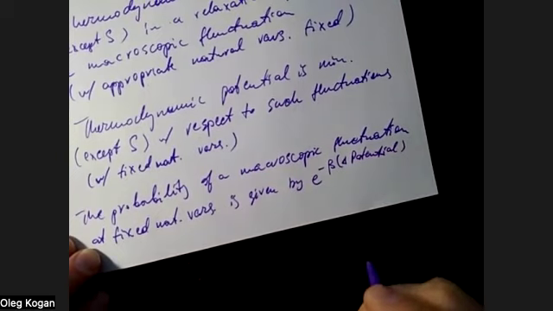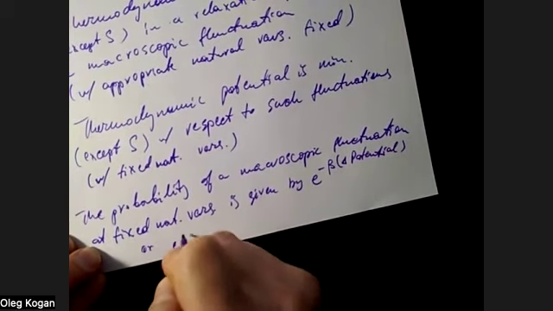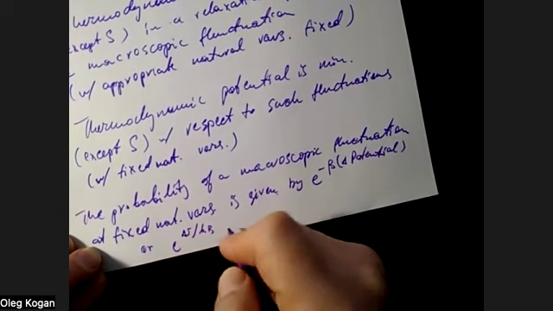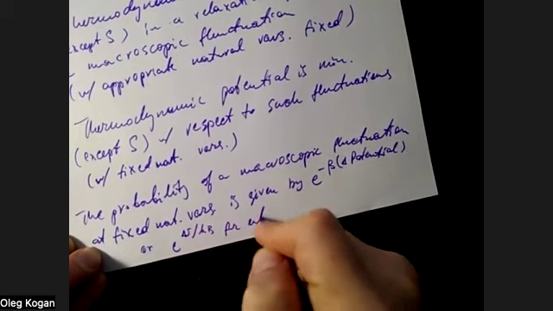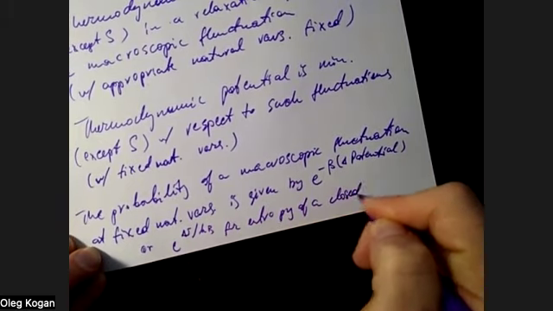I mean, thermodynamic potential. Or again, if it's entropy, e to the delta S over K Boltzmann for entropy of a closed system.